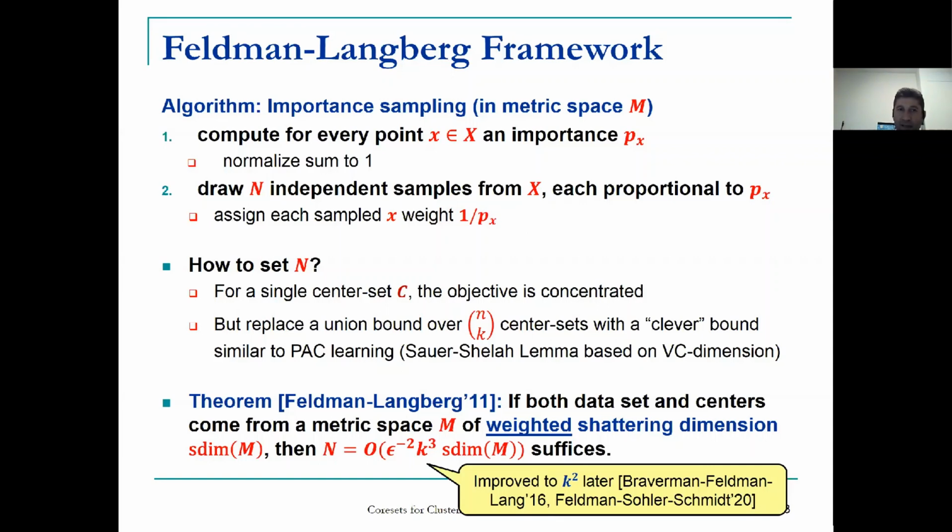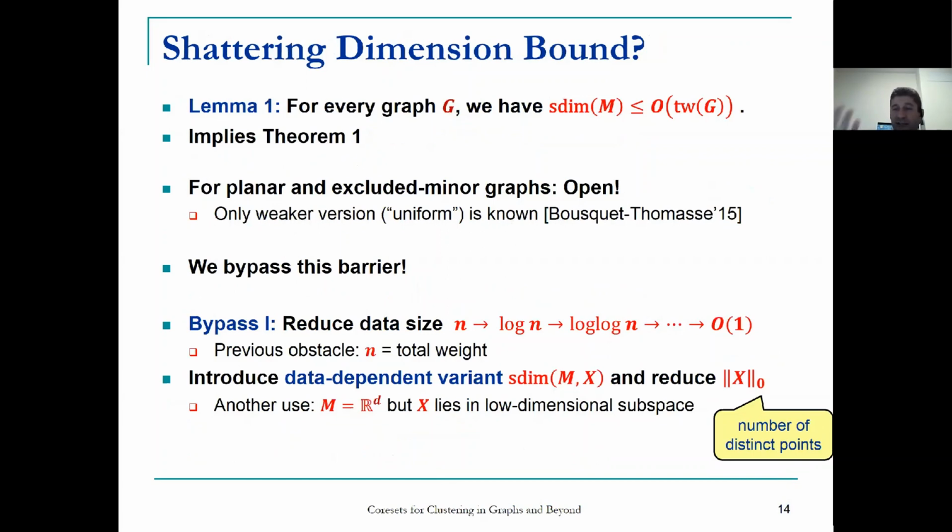Okay, so we want to use this theorem. I want to use this bound. I can get this bound with epsilon to the minus 2 times k squared, but I need a good bounded shattering dimension. So the natural thing is to take this graph, say, of bounded tree width and prove that its shattering dimension is small.